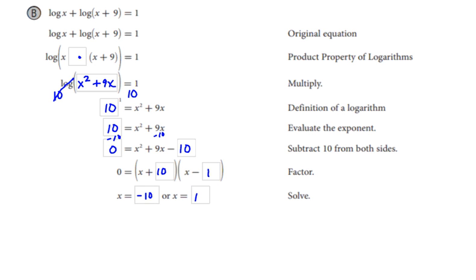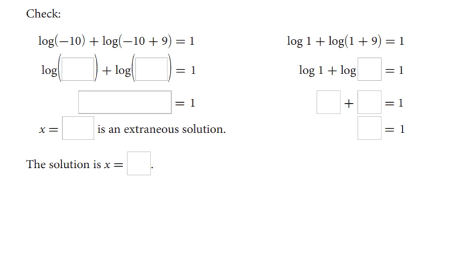Now, next thing we're going to do is check our solutions. So if we plug back in to check, what we're going to get is log of negative 10 plus log of negative 1, just plugging back into the equation, equals 1. Well, what's going to happen here is we cannot have the log of a negative number.